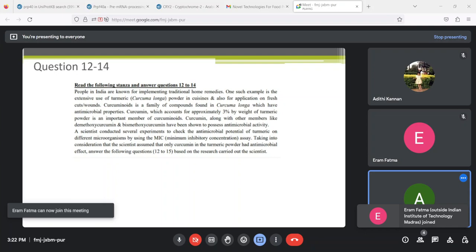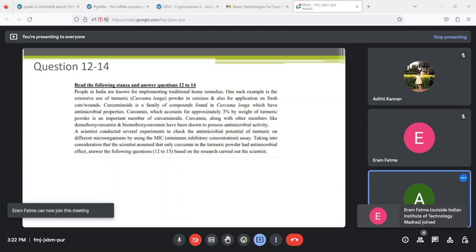A scientist conducted several experiments to check the antimicrobial potential of turmeric on different microorganisms using MIC, which is the minimum inhibitory concentration assay. Taking into consideration that the scientist assumed that only curcumin in the turmeric powder had an antimicrobial effect, answer the following questions based on the research carried out.